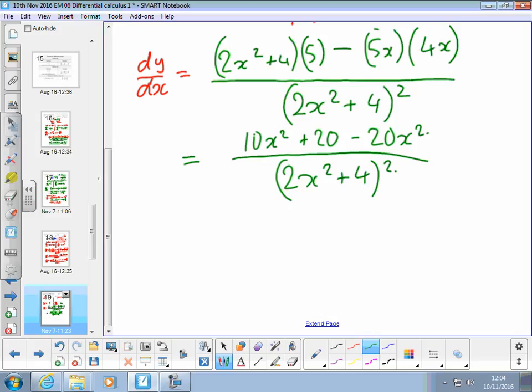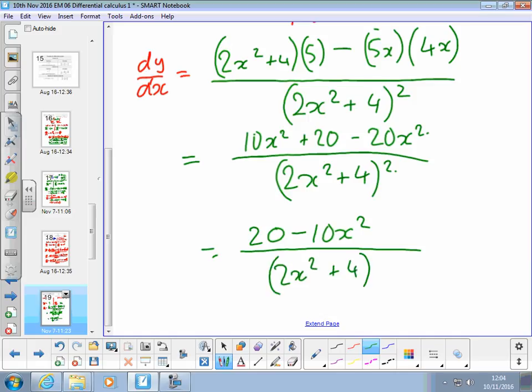So you could actually do 20 minus 10x squared all over 2x squared plus 4, squared. Ultimately, if you plug in what the question's asking for, x is equal to the square root of 3, into this one or that one, if you got it right, you should get the same answer.